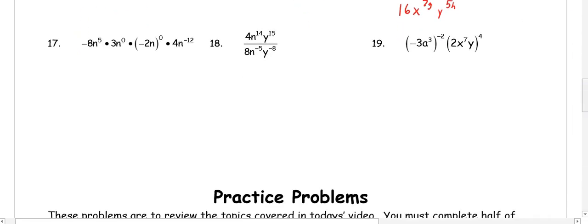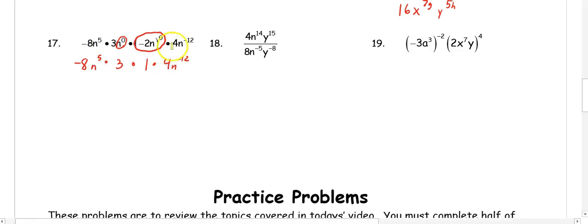In number 18, notice that we have some zero exponents. So let's deal with those first. So we have here a zero exponent, which gets us just 1. And here we have a zero exponent, which is 1, but that has to multiply to 3 to get us 3. So we now have negative 8 n to the 5th times 4n to the negative 12th.